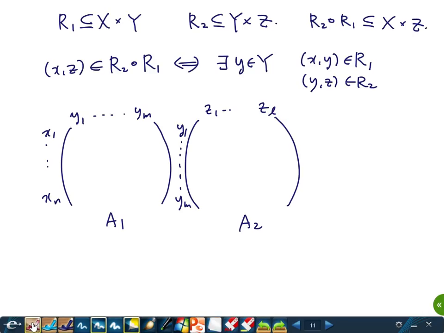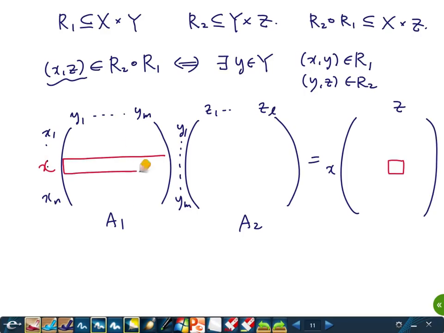Now, what is the entry here? Let's say the entry for xi and z. How do you obtain this entry when you multiply two matrices? Here we have this row for xi, and here we have this column for z. Then you multiply this and this, this and this, and this and this, etc.